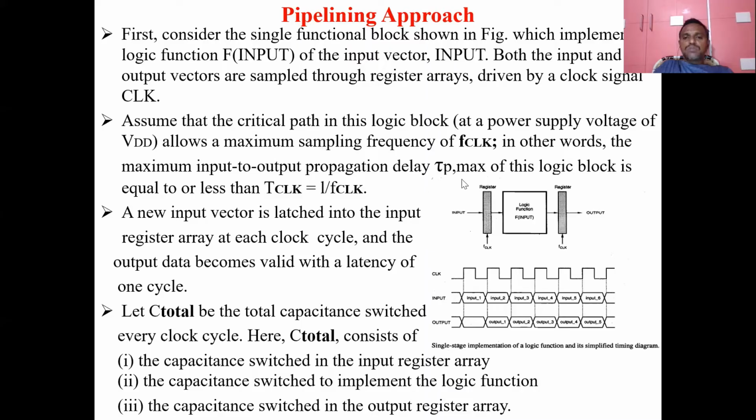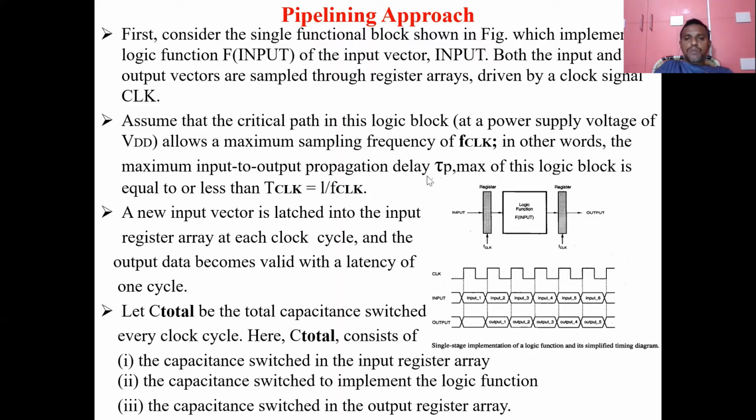Here the maximum propagation delay is bounded by the time period of the clock. Propagation delay is generally represented in terms of time, that's why we consider that 1 by f clock is equal to the clock time period.